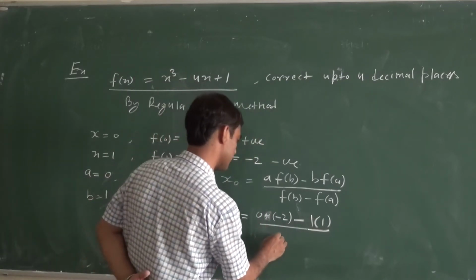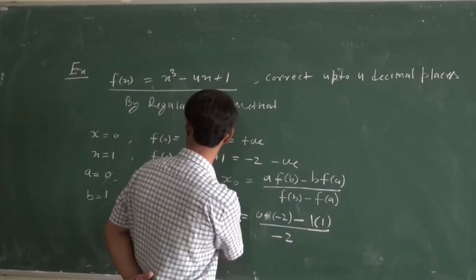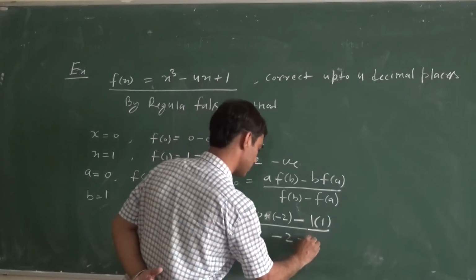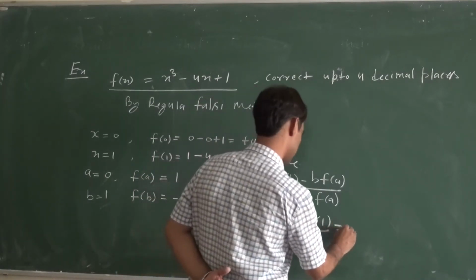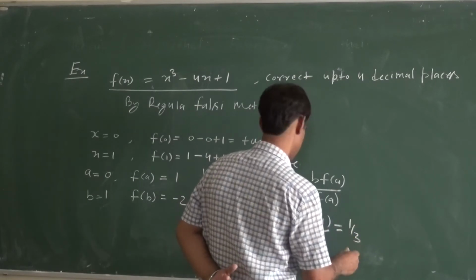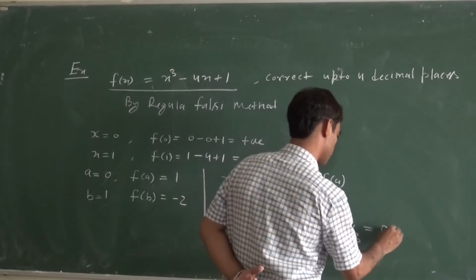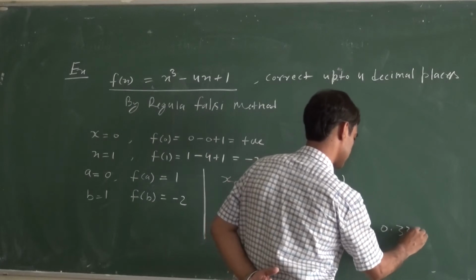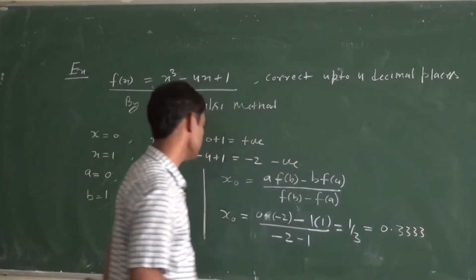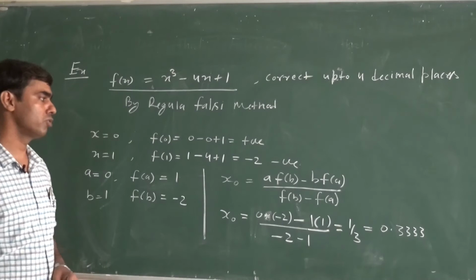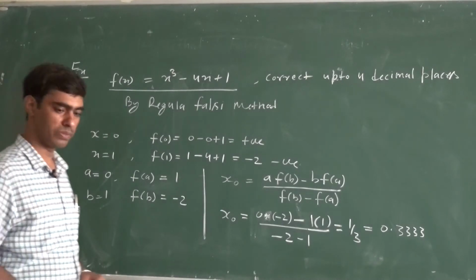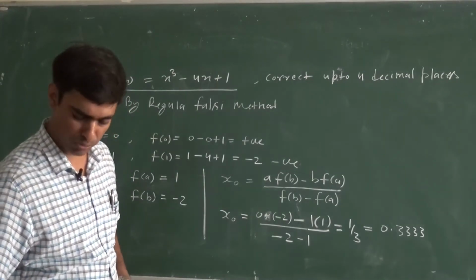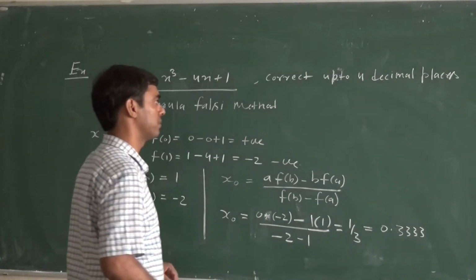F of b is minus 2 and f of a is 1. So this is 1 by 3, which equals 0.3333. So x0 equals 0.333.